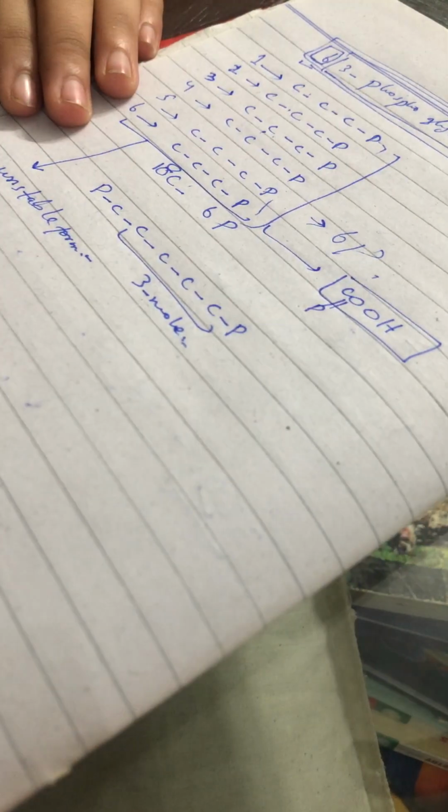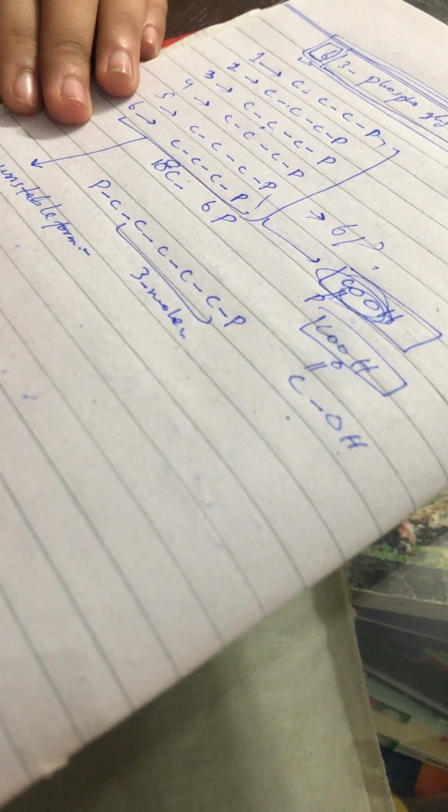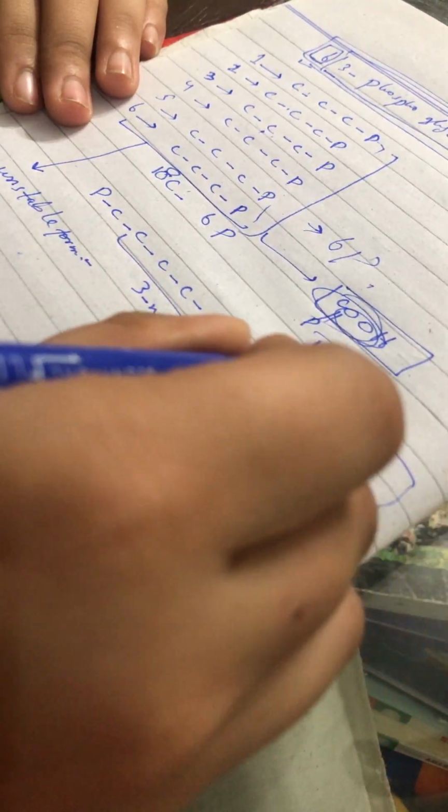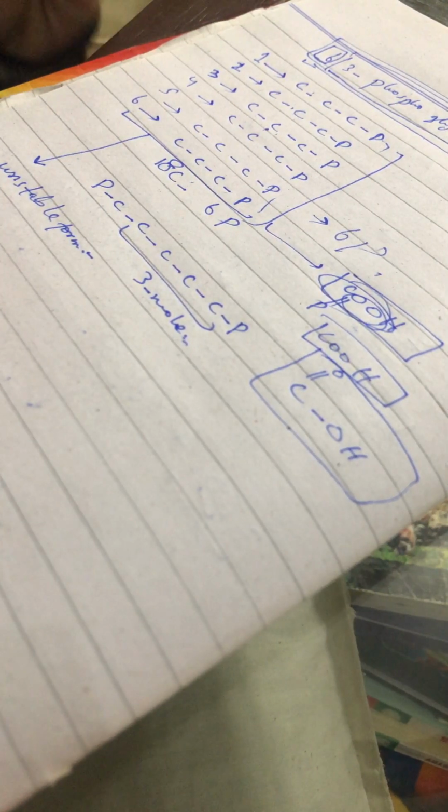This is the carboxyl group present in phosphoglycerate. These were 6 molecules. As I discussed, it is an unstable form. To make it stable, we will add 1 phosphate to each, so that it can become stable.